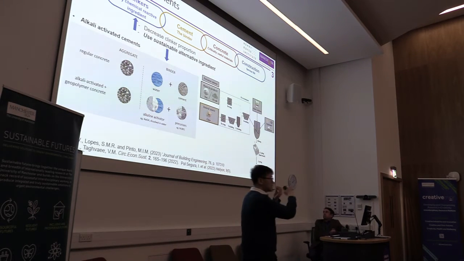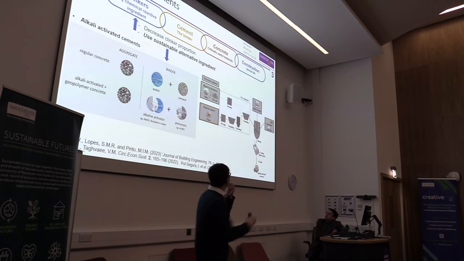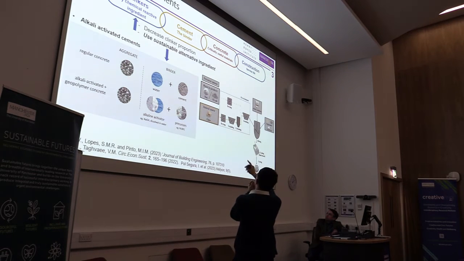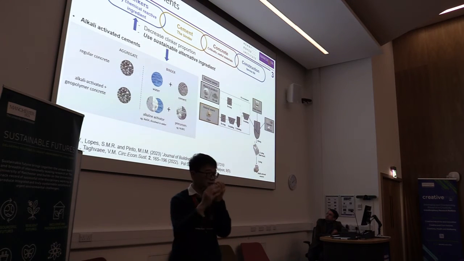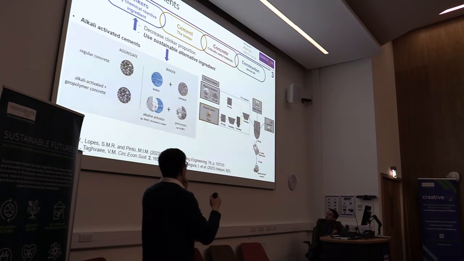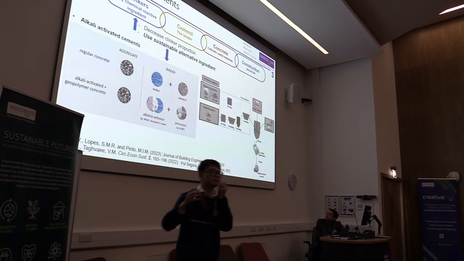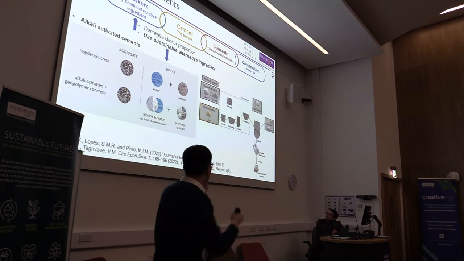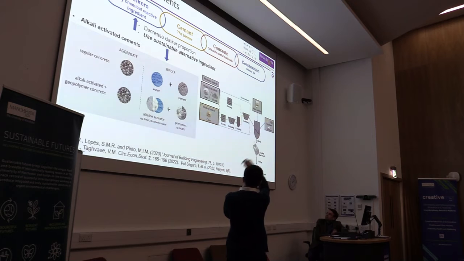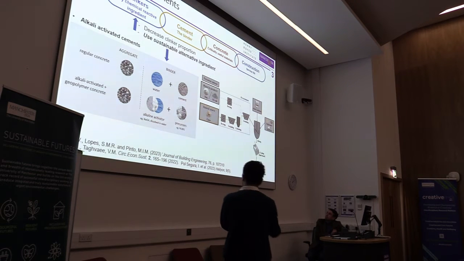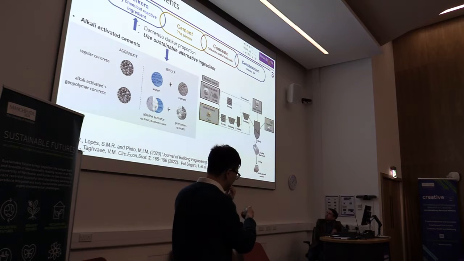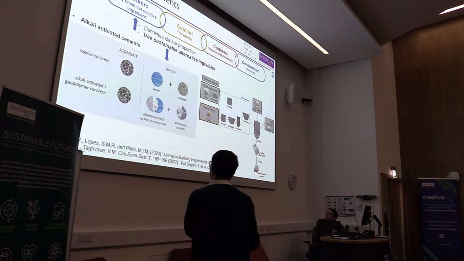It can be industry byproducts like slag or fly ash, which are both byproducts from the iron and steel industry. We can use this industrial waste to produce cement. In this way, we can cut carbon emissions.